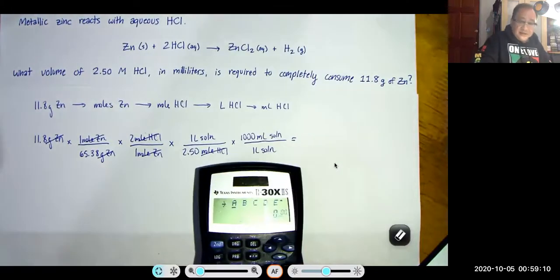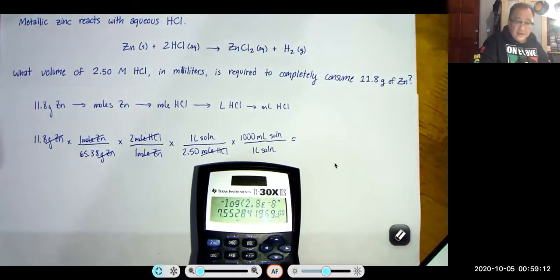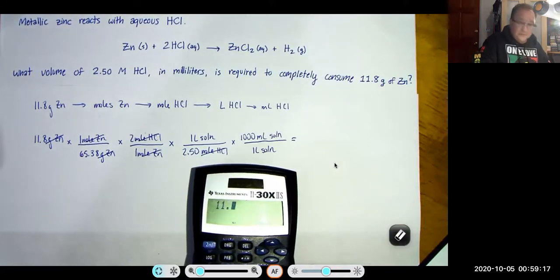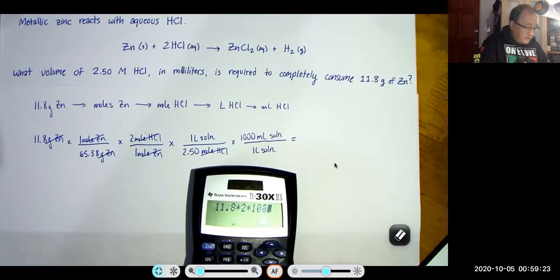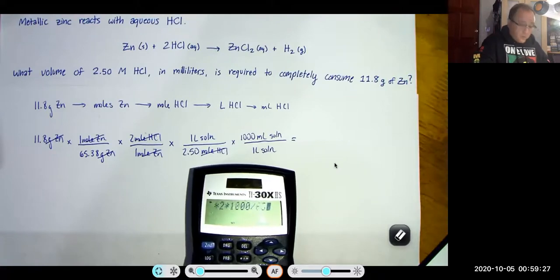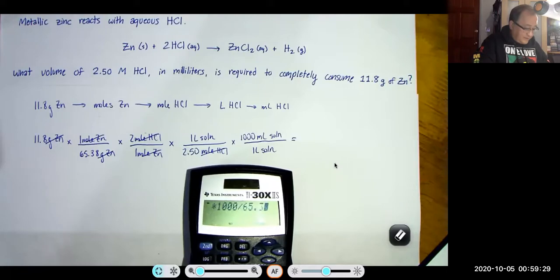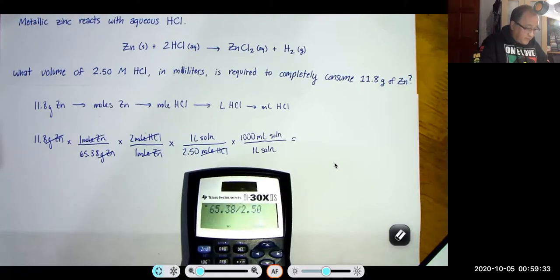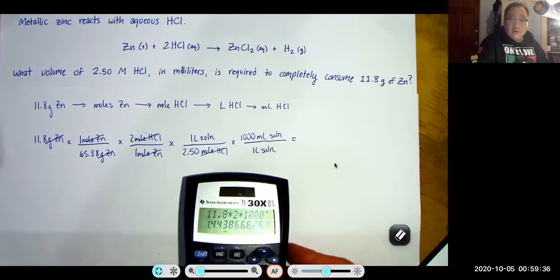So I'm going to clear this and clear it again, so I have a nice blank screen. 11.8 times 2 times 1,000 divided by 65.38 divided by 2.50, and we get 144.